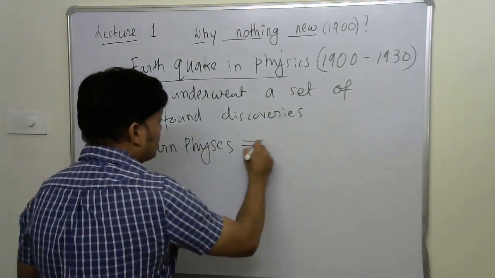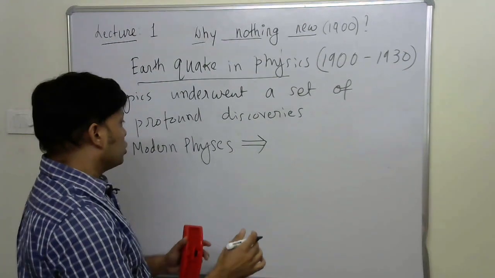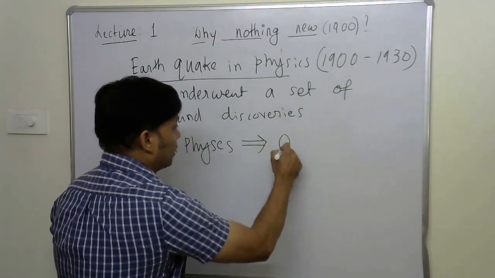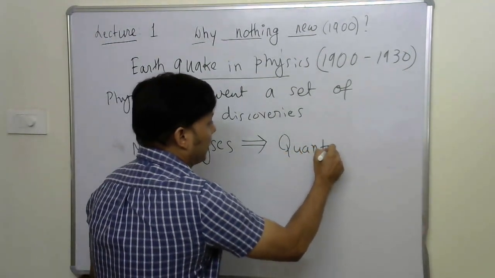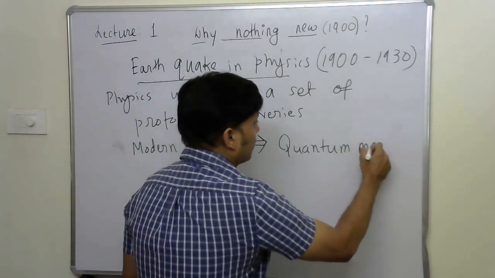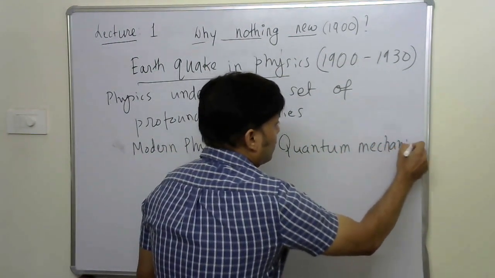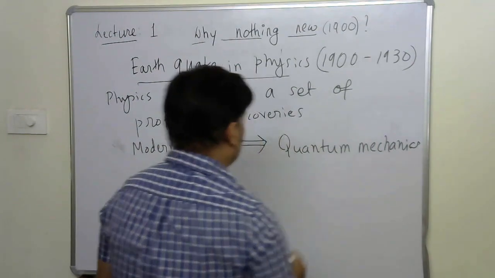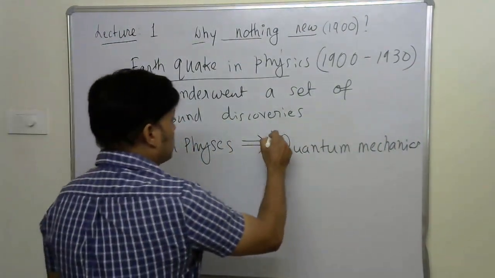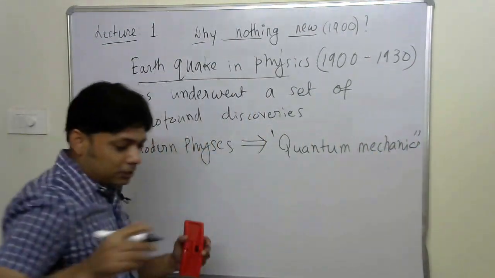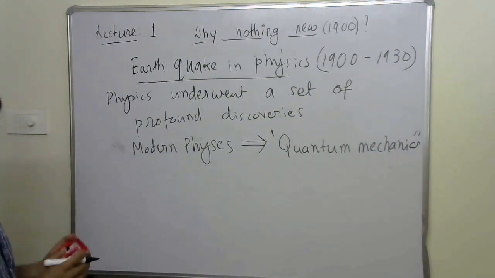And modern physics basically stood on the shoulder of a subject called quantum mechanics. So the single subject, quantum mechanics, changed the course of physics forever.